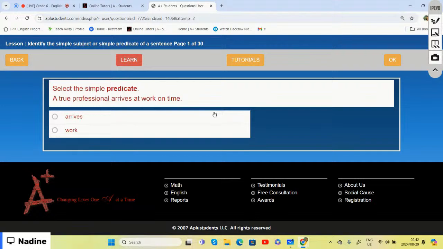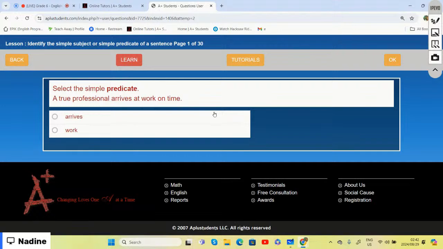We need to select the predicate. So the predicate is only the verb.